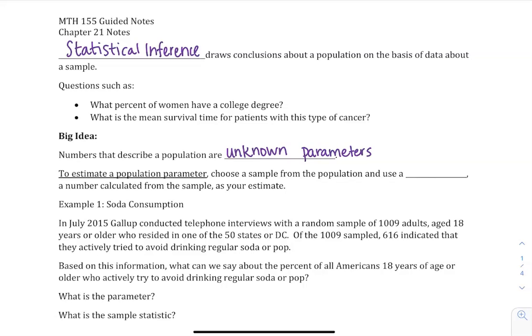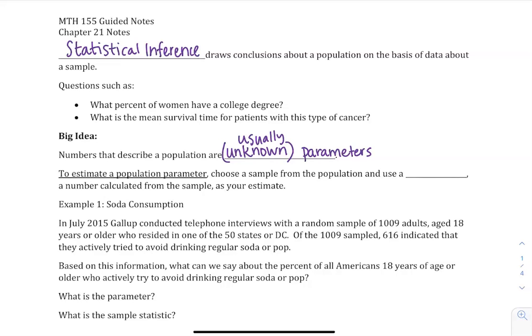If you could find the data from every individual in the population, then these would not be unknown, but most of the time, we don't know these descriptors of the population. So I'm going to put this in parentheses. They're usually unknown parameters.